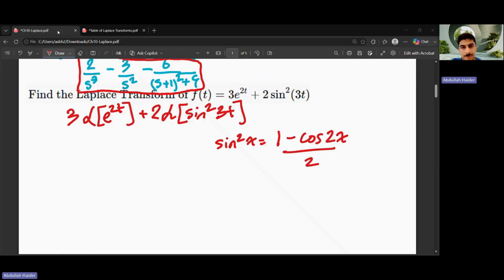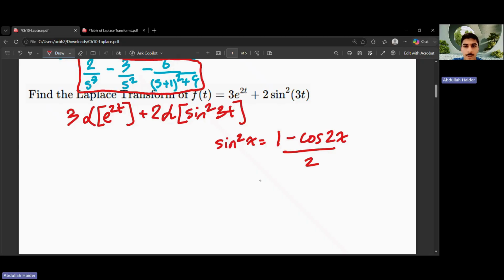You should know this property from, I think, calculus 1 or calculus 2, I'm not sure. So in this case, when you're dealing with sine squared 3t, you should get 1 minus cosine, this will be doubled, so 1 minus cosine 6t over 2.